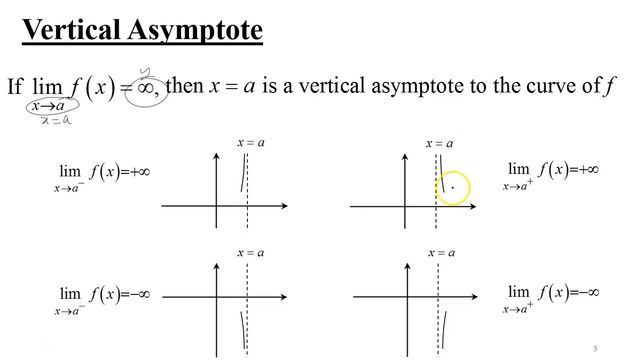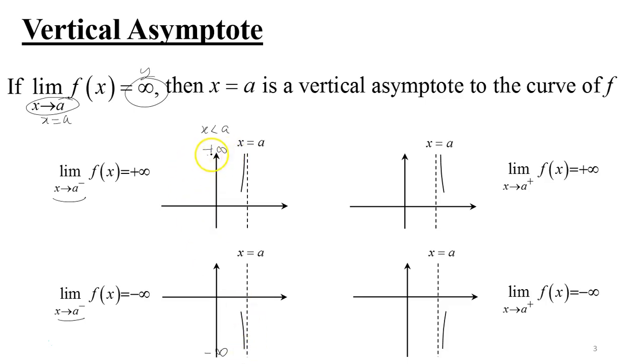So by drawing the vertical line x equals a, if you are working to the left of a, which means that x is smaller than a, then since the value of y here is infinite in order to have a vertical asymptote, the curve at a minus could be approaching x equals a from the top at positive infinity, or from the bottom at negative infinity.